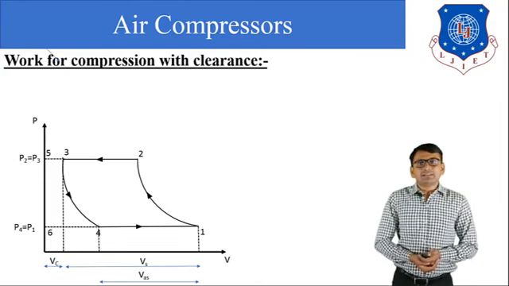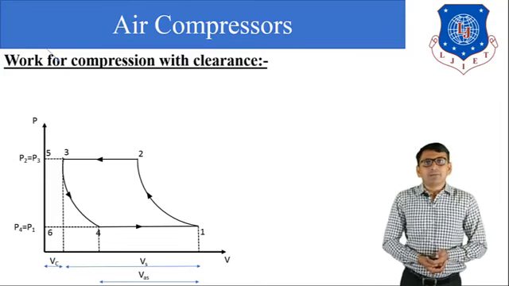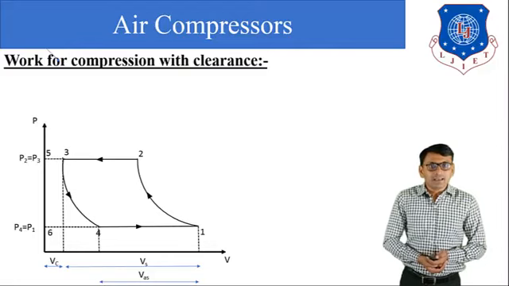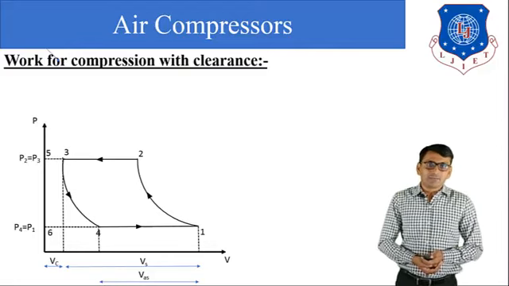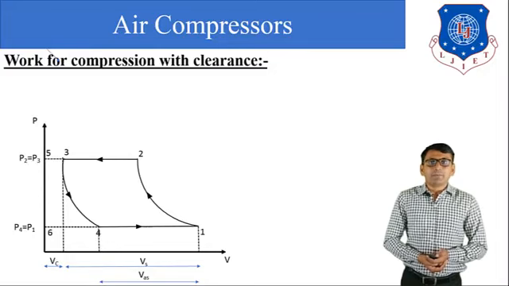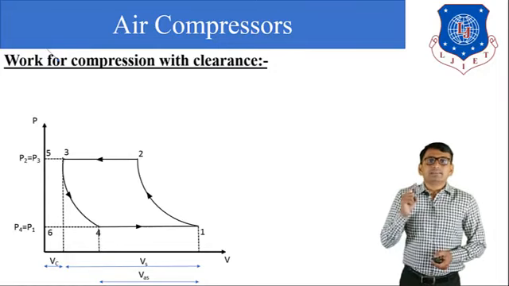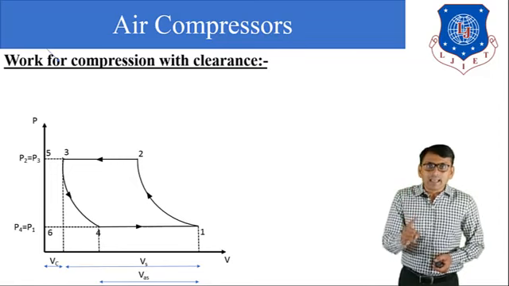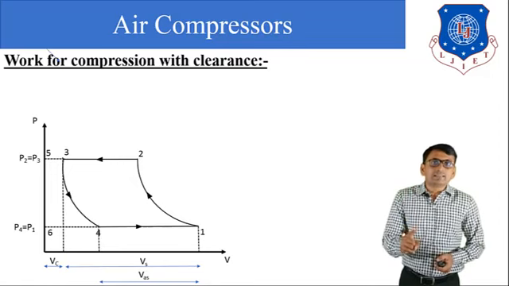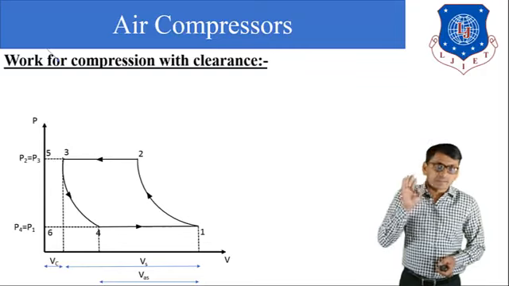In this PV diagram, P2 is equal to P3 and P4 is equal to P1, the pressure is the same. The 1-2 process is a compression process, and the 3-4 process is an expansion process.